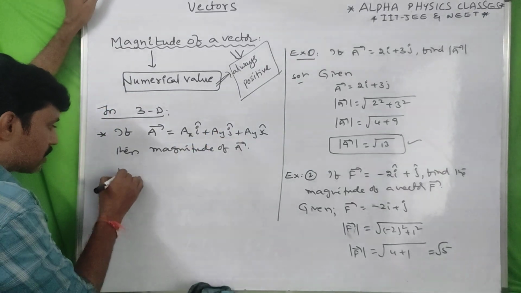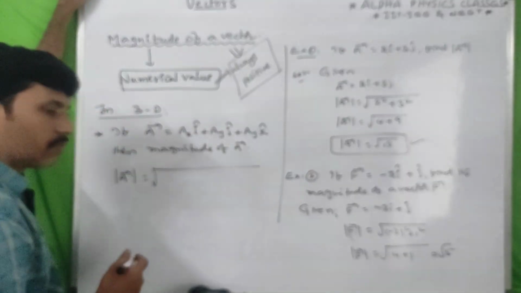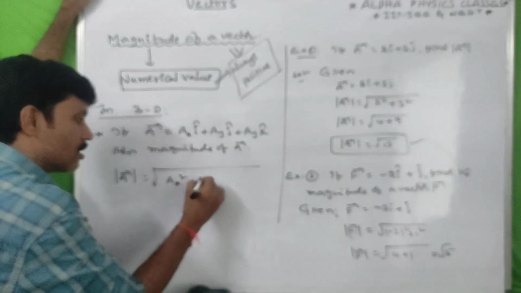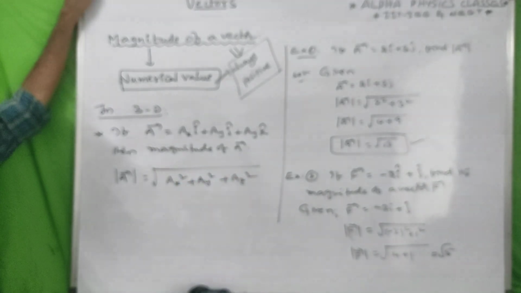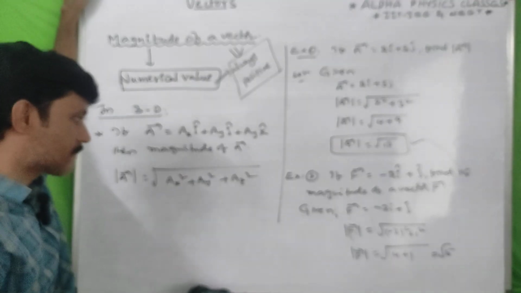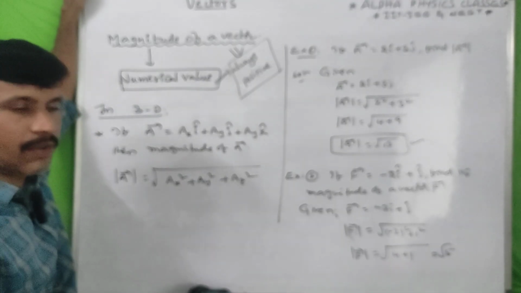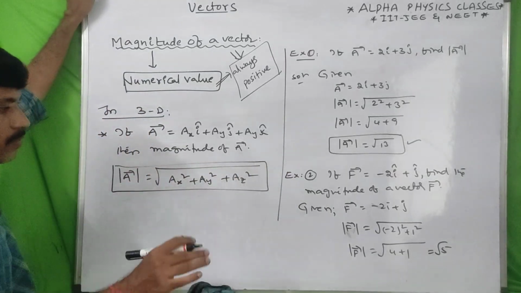The answer is modulus of a bar is equal to square root of ax square plus ay square plus az square. That's it. Okay.